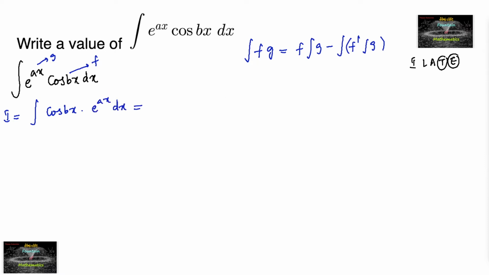and by using by parts we can write cos bx into the integration of e to the power of ax, minus the integration of the differentiation of cos bx, that is minus sin bx into b, so we can write minus b sin bx into again the integration of e to the power of ax dx, whole dx.